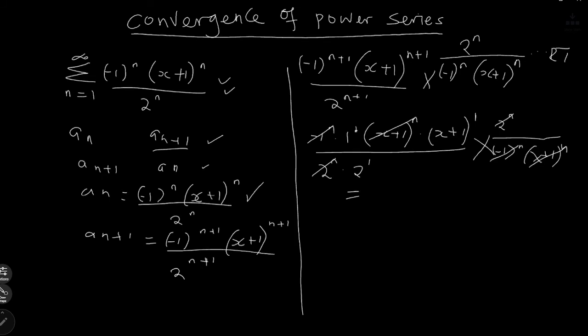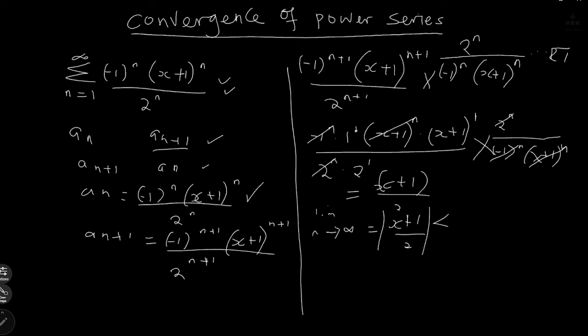Here we remain with x plus 1 divided by 2. Now the limit as n approaches infinity gives us the absolute value of x plus 1 over 2, which should be less than 1.